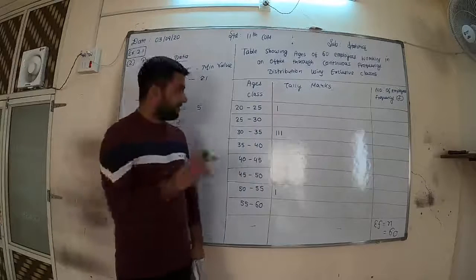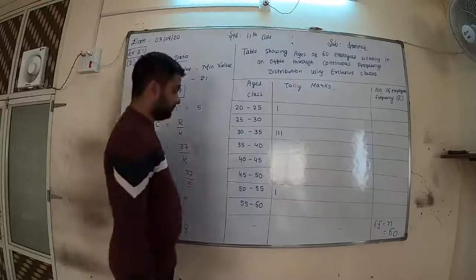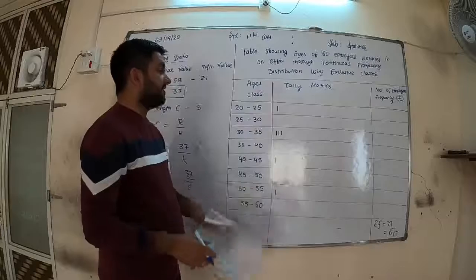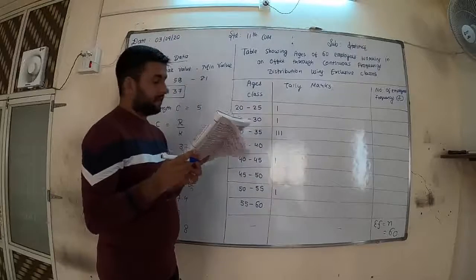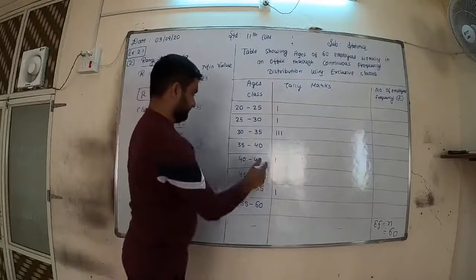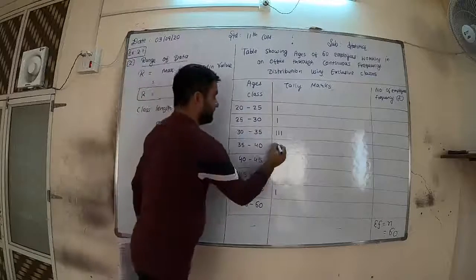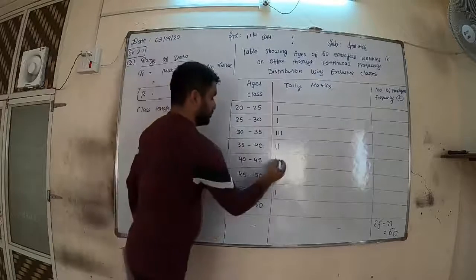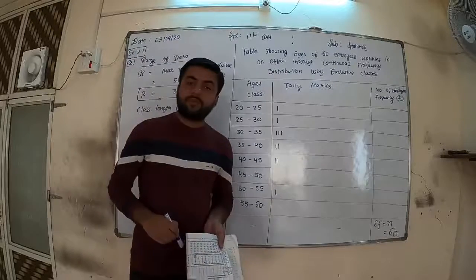First line is over, five tally marks. Second line: 42, 27, 38, 39, 42. So the second line is also over.